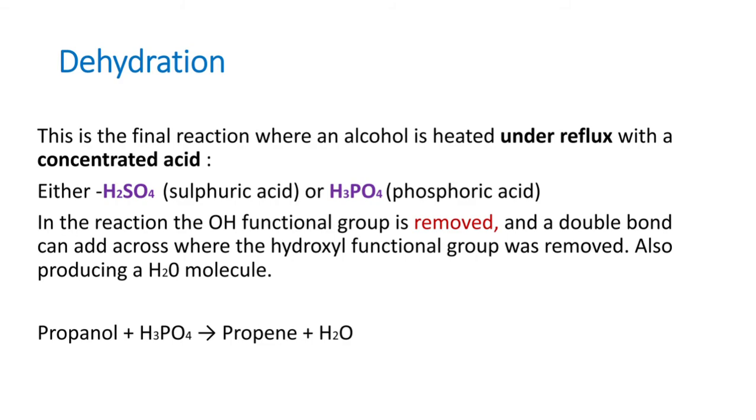When this happens, the OH functional group is removed and replaced with a double bond, forming an alkene. So this reaction forms alkenes from alcohols.